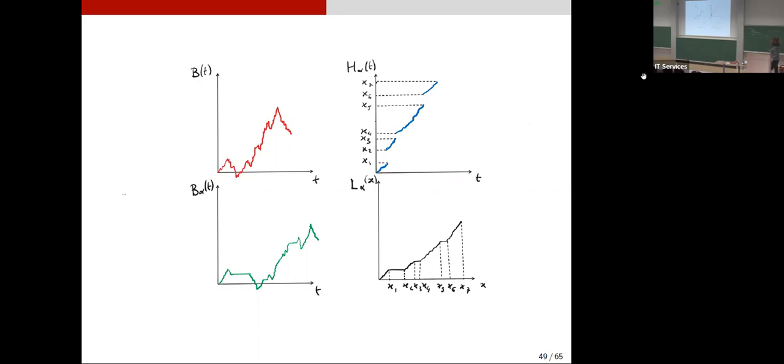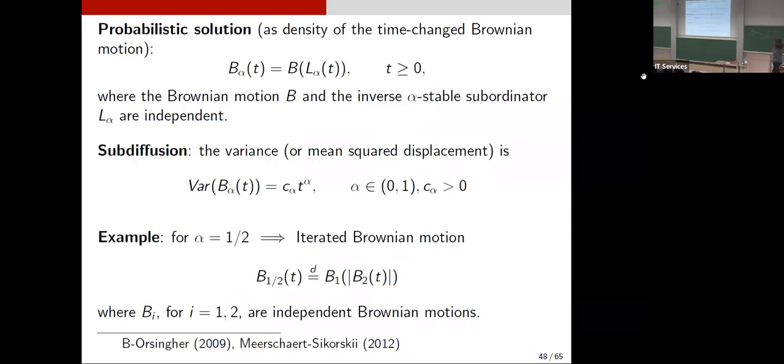And then, since we have jumps, we have plateaus in the trajectories of the inverse subordinator. And as I said before, the anomalous diffusion model, B_alpha, is equal in distribution to a standard Brownian motion time changed by an inverse subordinator.